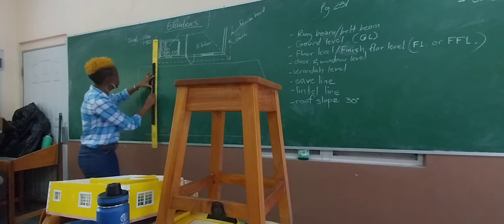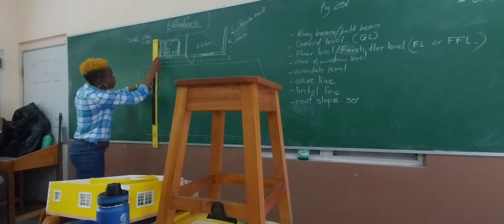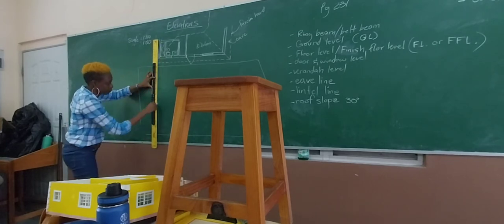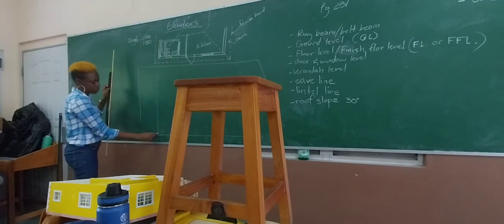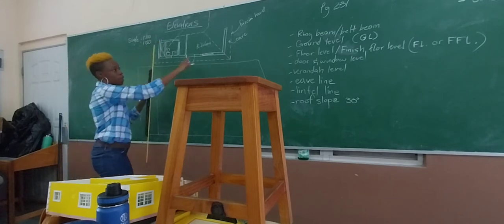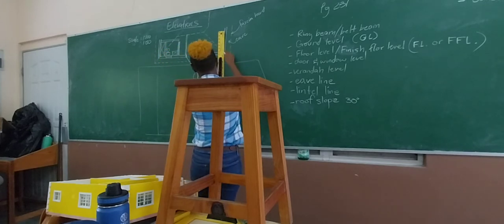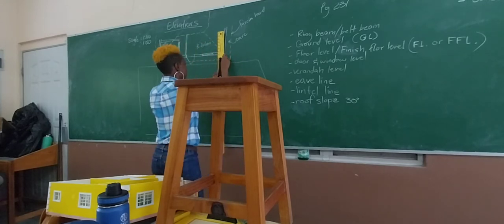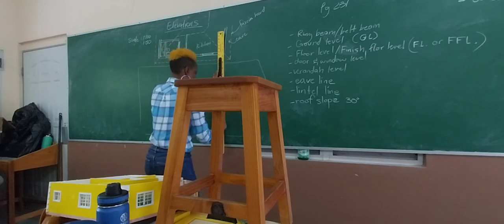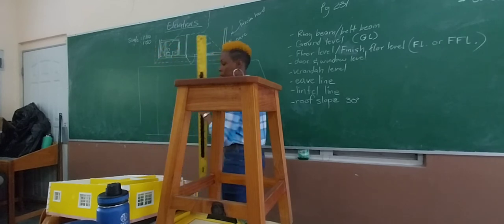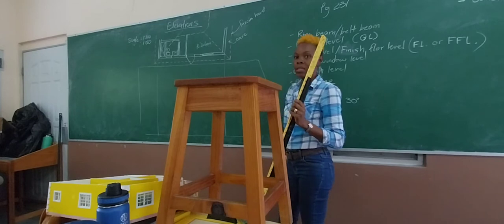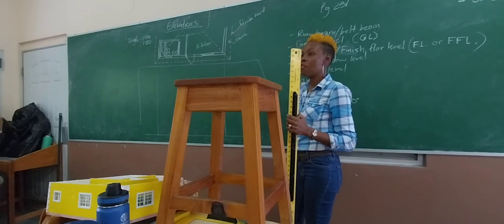Put your set square on the T-square, and you want to extend your line. That line is going to go down to the ground level. I'll do the same thing on the other end. So I'm extending my two lines from the floor plan.